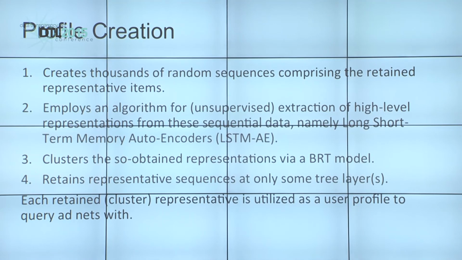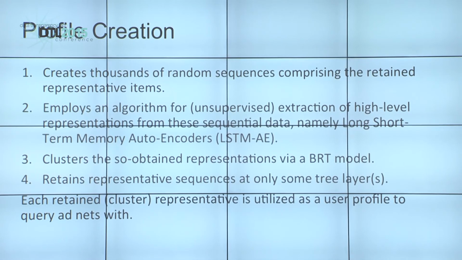So in order to do that, we first create random sequences of the selected websites, and then we use again a deep learning method, which is called the long short-term memory autoencoder, which basically creates vector representations, which are abstract representations of these randomly sampled sequences.